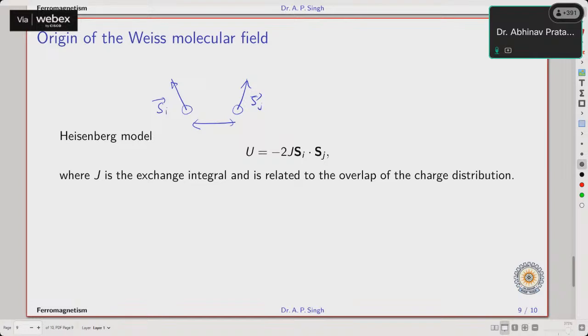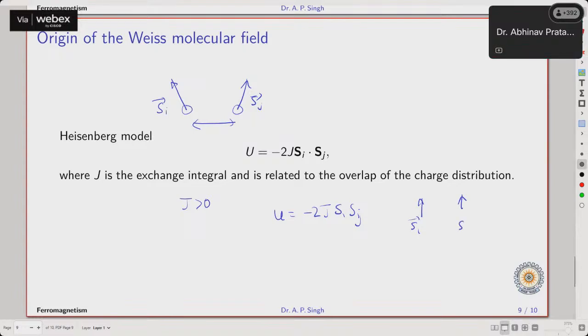But we will not go into those details. What we will simply assume is, by the way, this value of J can be positive, it can be negative also, but for the time being, let us assume that this value of J is positive. Now let us see what this is telling you. If you take the value of U, then it will be equal to minus 2J Si Sj when Si and Sj are parallel to each other.